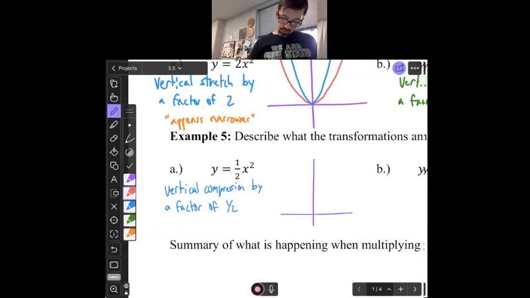So again, our parent function should look something like this. Squared. We saw that this graph looked wider, still went through 0, 0. So this one appears wider.